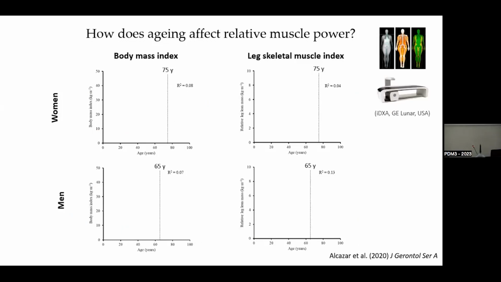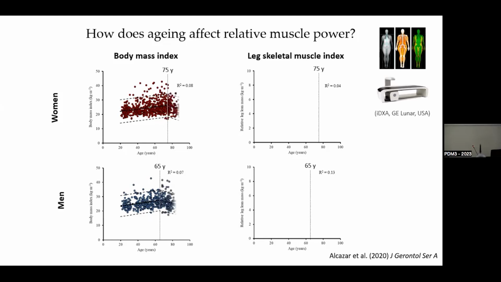In terms of body mass index, the opposite occurs. We observe a progressive increase in body mass index before the age of 75 years in women and 65 years in men, and after that we observe a progressive decline. No changes in leg skeletal muscle index.